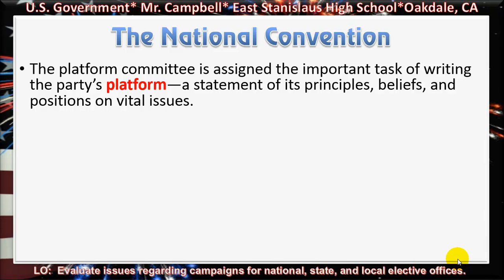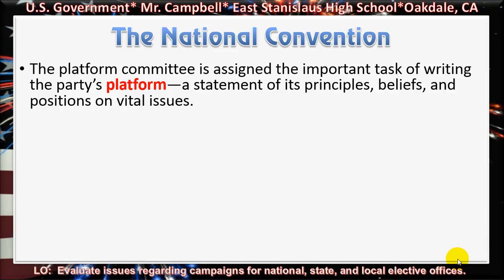Now, over the years, a party may change their platform, but really what it comes down to is the overall feeling of the members. Not every Republican, for example, may be pro-life, even though it's part of the party platform. Not every Democrat will be pro-choice, even though it may be part of the party's platform.